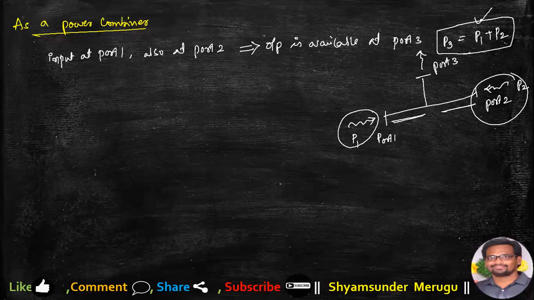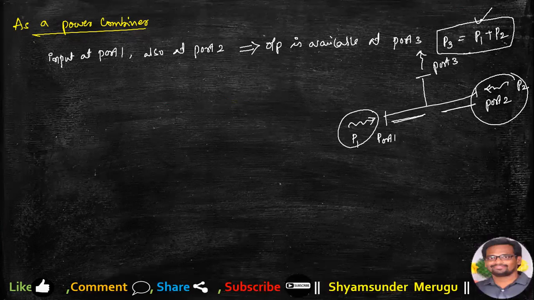Then only we get the summation of the powers as P1 and P2 at the output port 3. If they are in phase, the summation of the power will be 0. That we need to consider, right? So this way it can also be used as a power combiner.